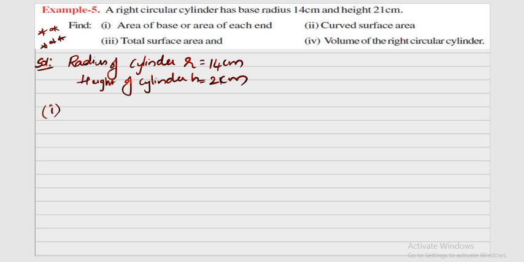Now first question, what is he asking? Area of base or area of each end. Cylinder's area of base will be in which shape? A circular base will be there. So area of base is nothing but area of circle. The area of circle formula is pi r square, which is 22 by 7 into r square.